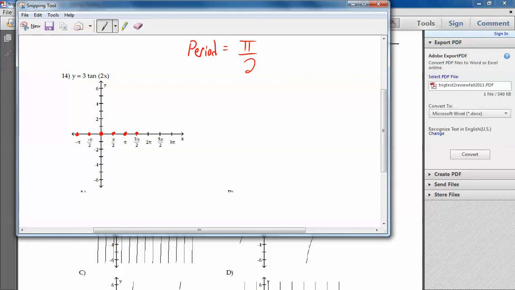Now, directly in between any two places where this graph is going to cross, there's going to be what? Vertical asymptotes. So, even if you don't label it, you could still draw a vertical asymptote.